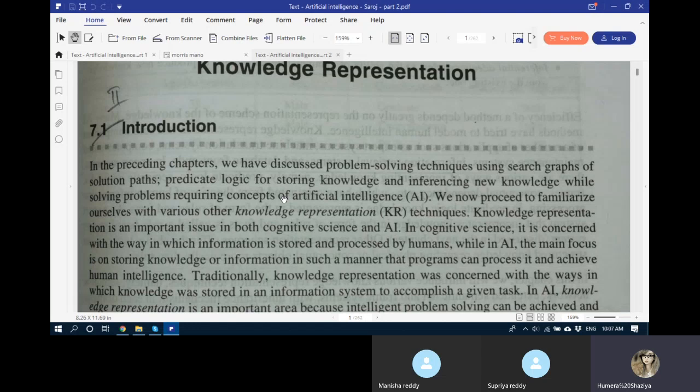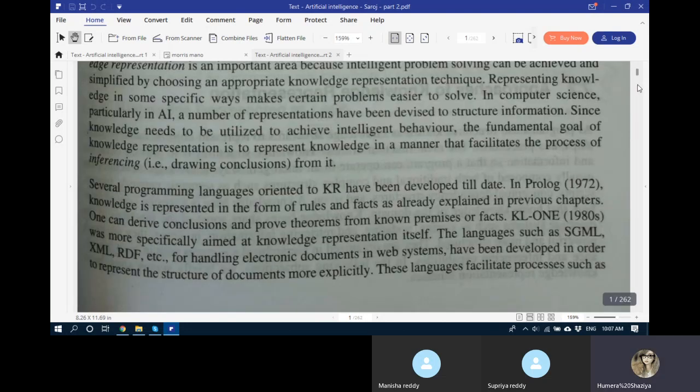While in artificial intelligence, the main focus is on storing knowledge or information in such a manner that programs can process it and achieve human intelligence. A machine should be able to process the knowledge or the information and achieve human intelligence.